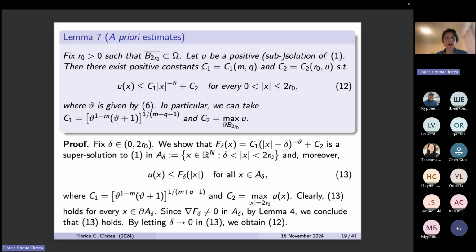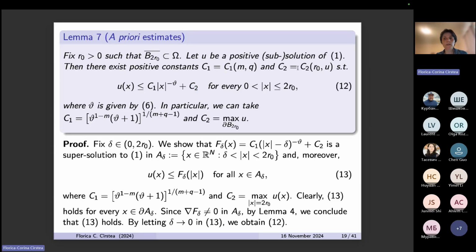You can find a constant C1 which depends on the parameters m and q, and another constant C2 which depends on R0 and u, such that inequality 12 holds. So now you have u(x) less than or equal to C1 modulus x to the minus theta, what we had yesterday basically, with the adapted power, the new power from the strong singularity, but you have to have plus C2.